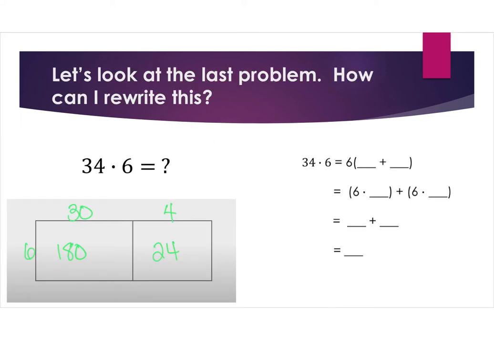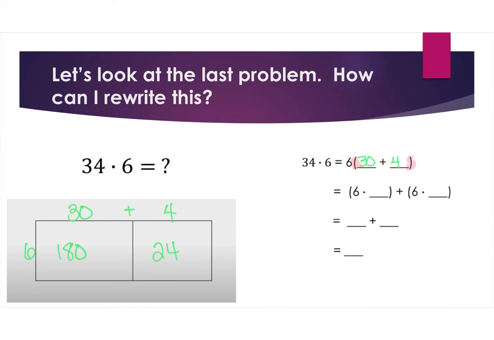Let's look at the last problem. How can we rewrite this? So we talked about this just a minute ago, that we have this plus sign here. So I took the 6 and I multiplied it times the 30 plus 4. Please take note that we need these parentheses here when we do this.